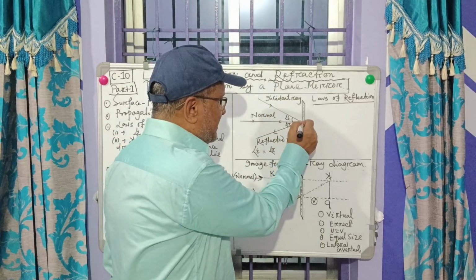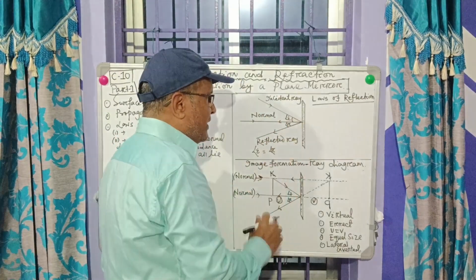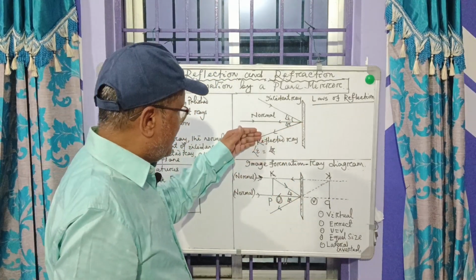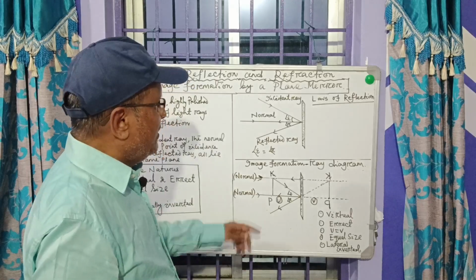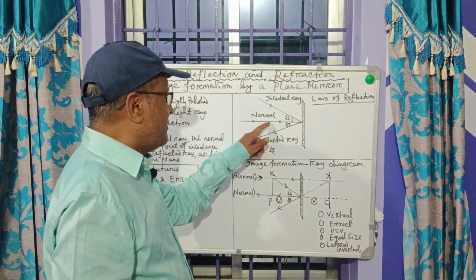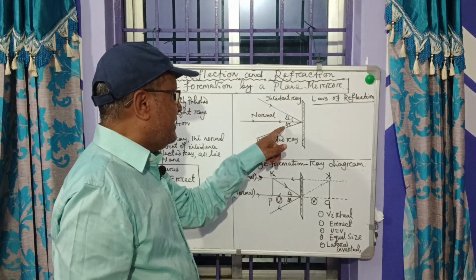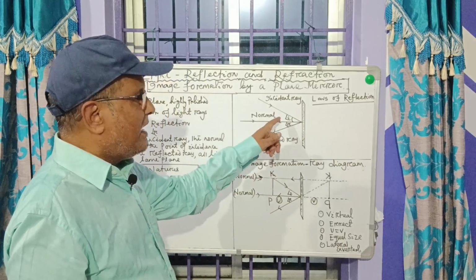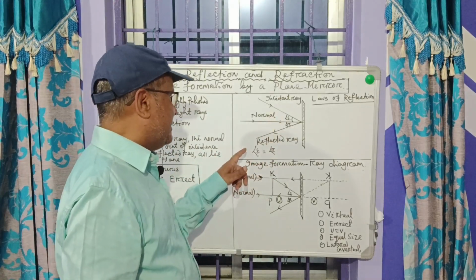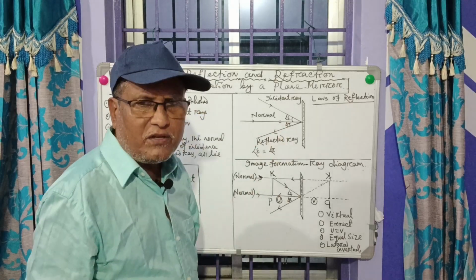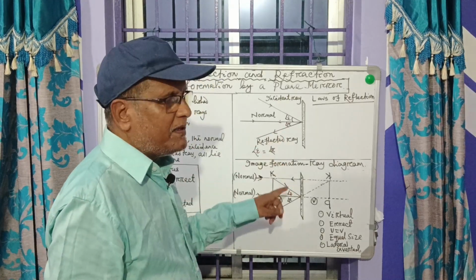Now, from the point of incidence, a ray is reflected in the same plane. The angle formed between the normal and the reflected ray is called the angle of reflection. The angle of incidence is denoted by the symbol small i, and the angle of reflection is denoted by small r.